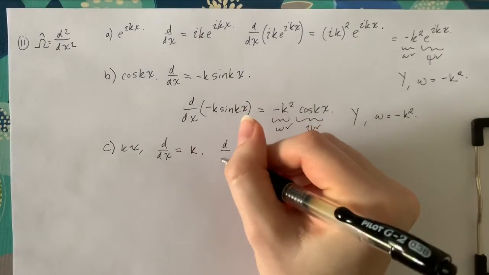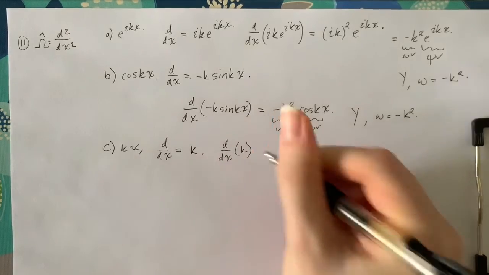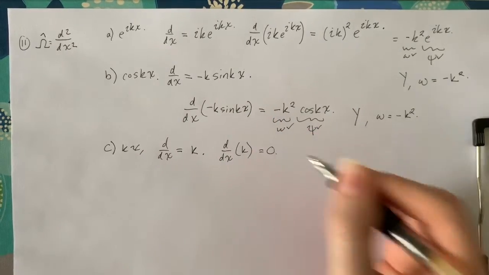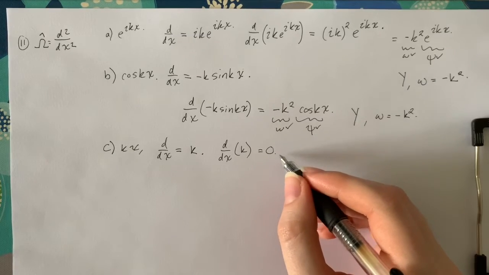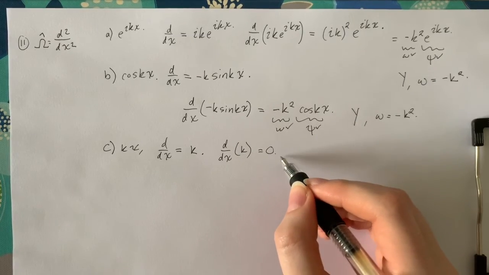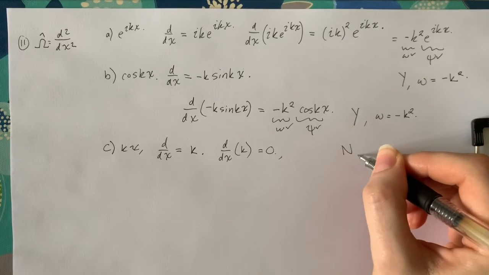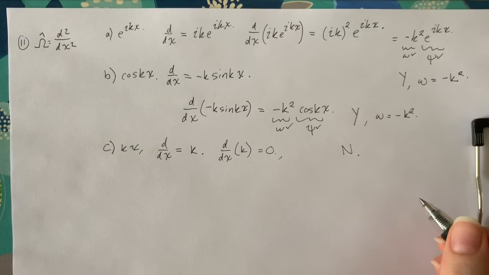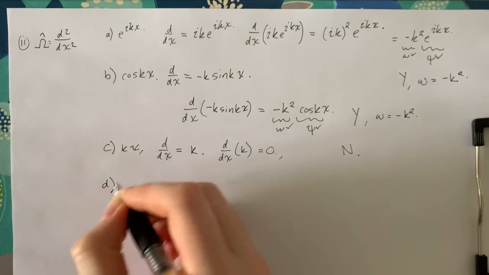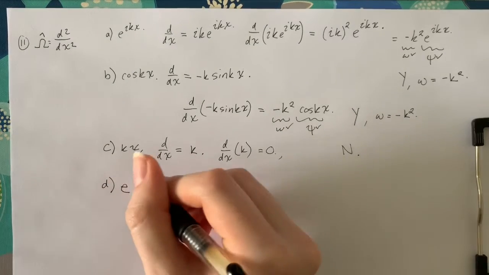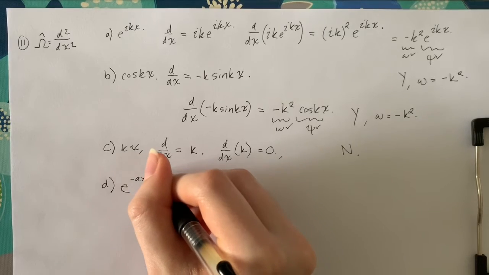So taking the derivative of k with respect to x gives us 0. So no wave function, even though we get a constant of 0, this is not an eigenfunction of this operator.